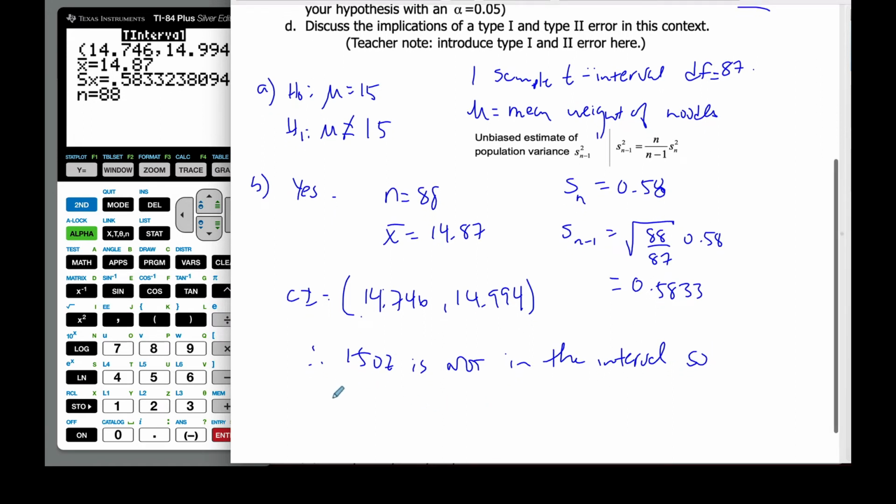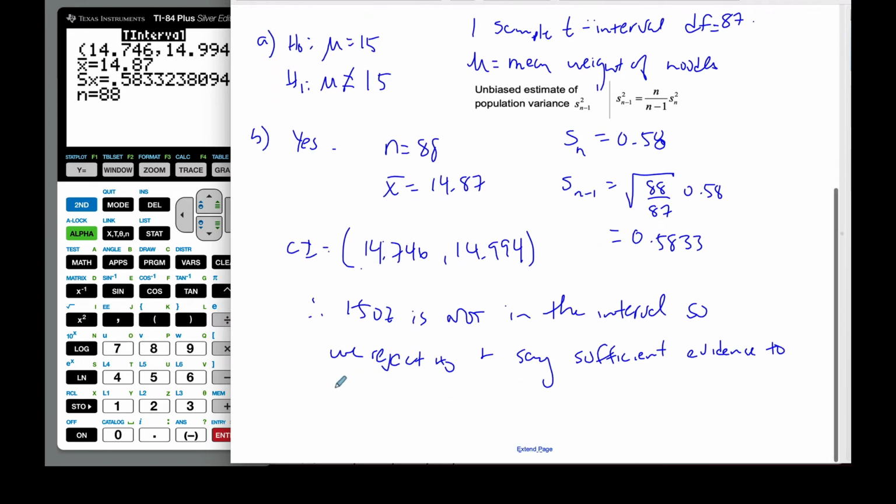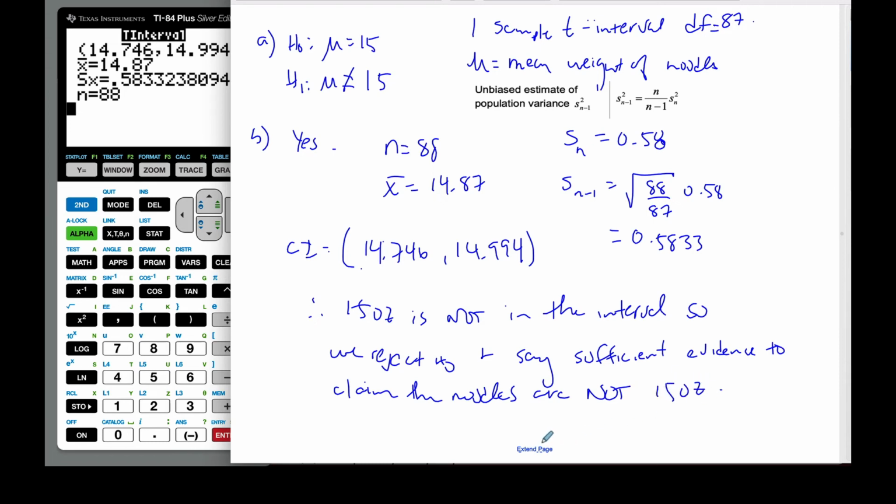So we reject H naught and say there is sufficient evidence to claim the noodles are not 15 ounces.